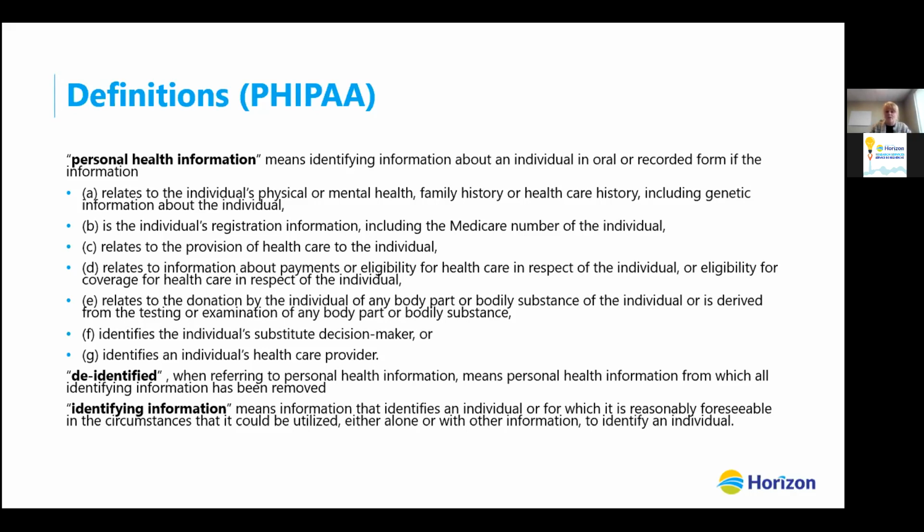It relates to the provision of health care to the individual, or information about payments or eligibility for health care, relates to organ donation practices, identifies an individual's substitute decision maker, or identifies their individual health provider. So that's what we mean by personal health information, and you can see there are a number of things that are considered to be directly identifying to an individual.